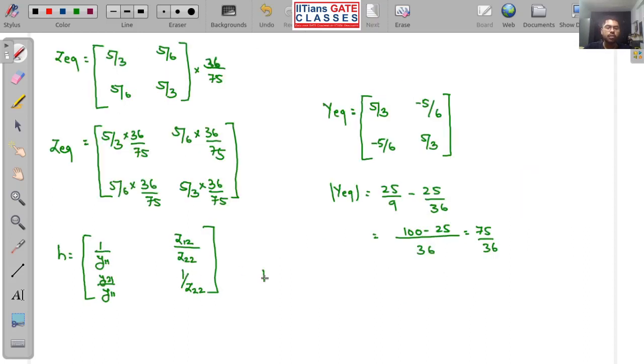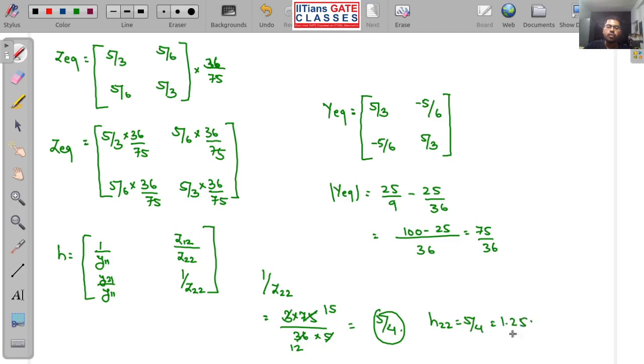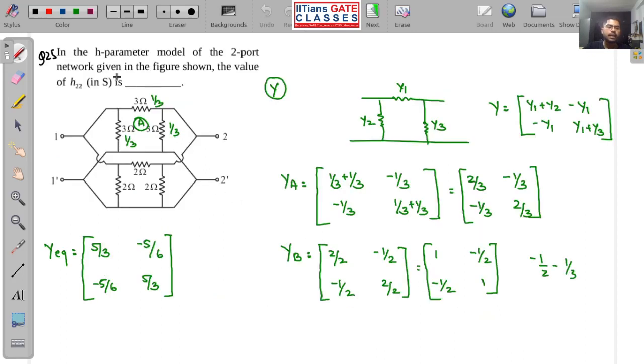So that is equal to 1 by Z22. So I need to invert this. It will be 3 into 75 divided by 36 into 5. So this will be 12, this will be 15. So 5 by 4. So H22 will be 5 by 4 or 1.25. So this is my answer to this question.